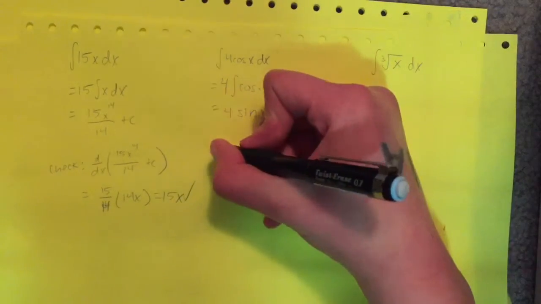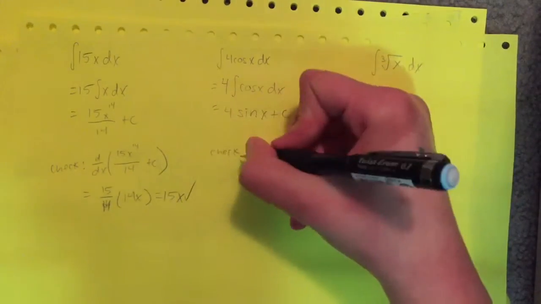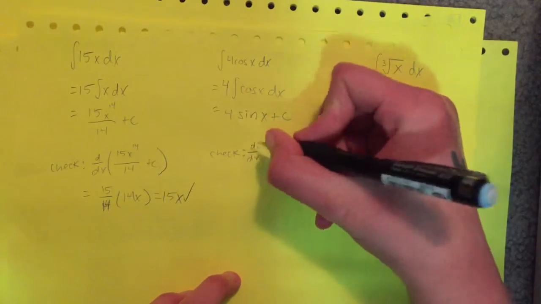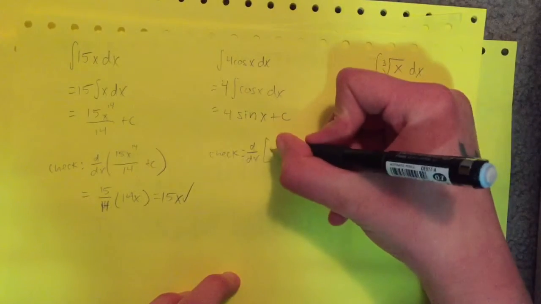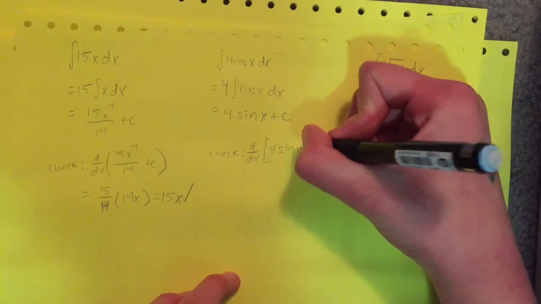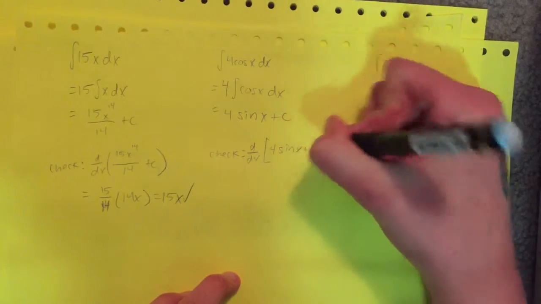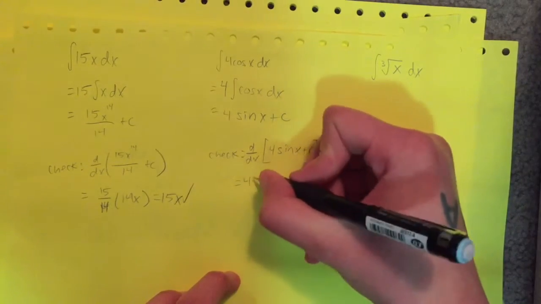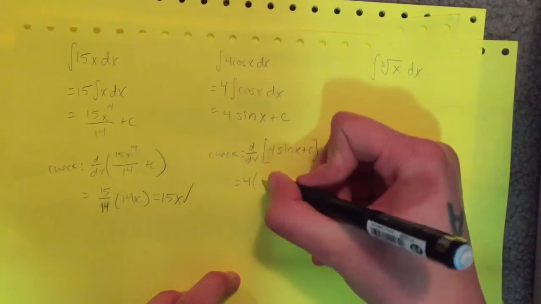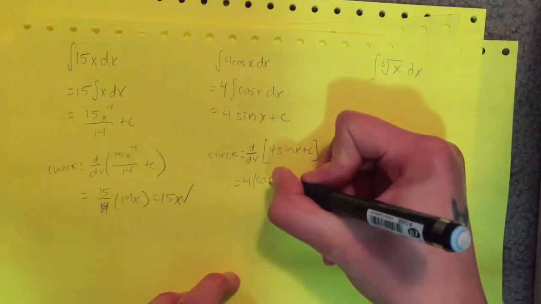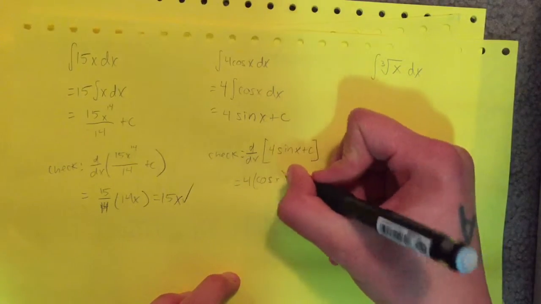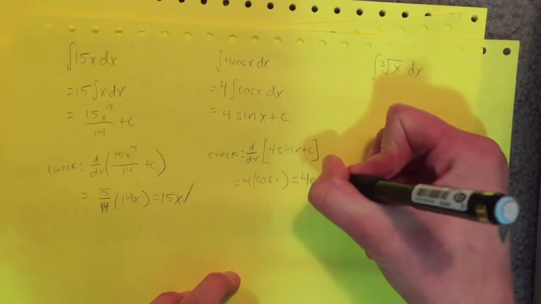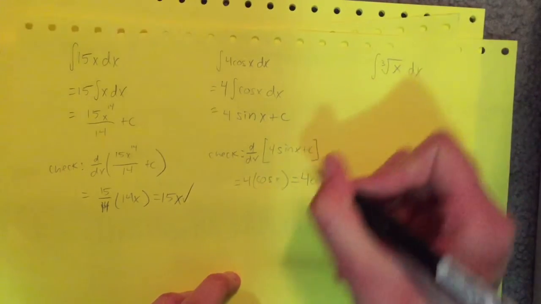And then to check, we would have d over dx of 4 sine x plus c. And that would leave us with 4 times cosine x, which is 4 cosine x. So that's also correct.